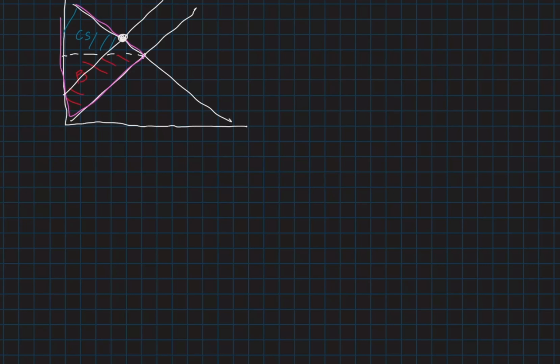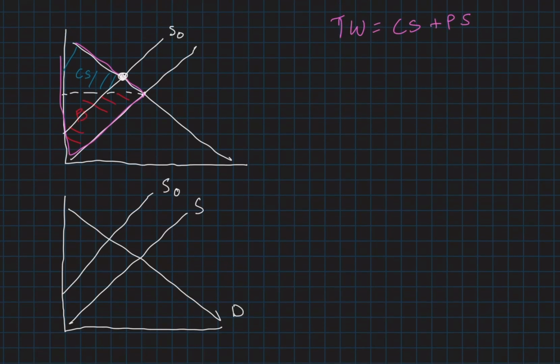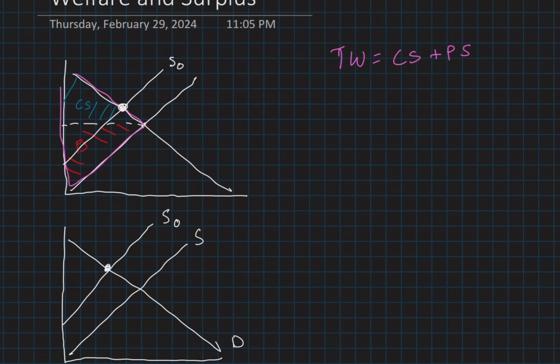It's a little messy right there, so I'm going to draw another curve just right here. This is supply, this is demand, and then this is our new supply. I just drew the same graph a second time, just to make it a little bit clearer. So this is our new equilibrium.